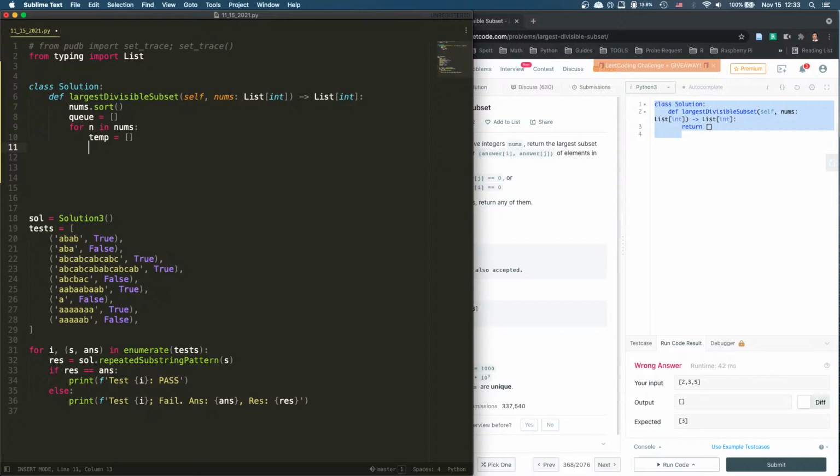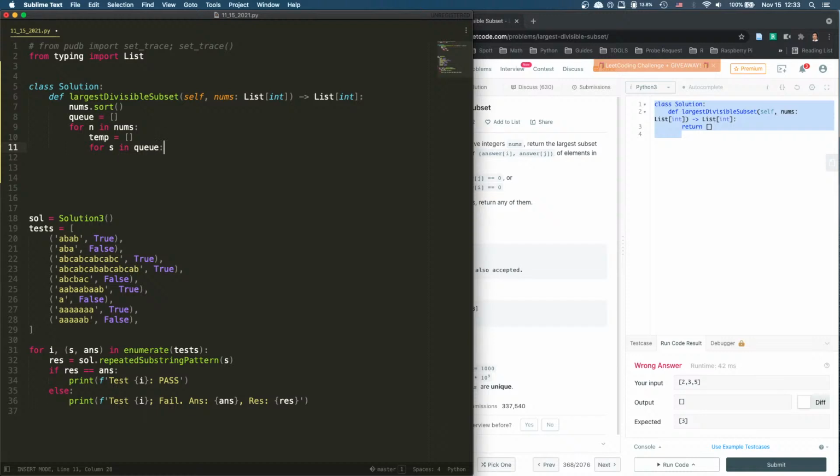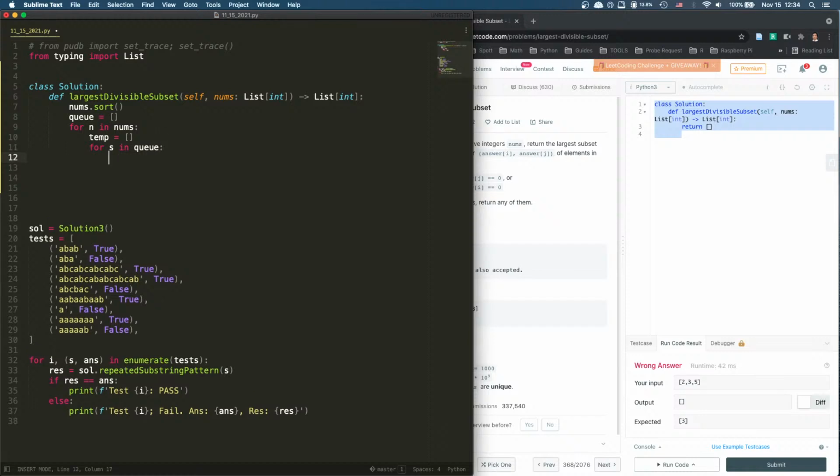Then for s in queue, it's a set. I'm gonna go from back to front.